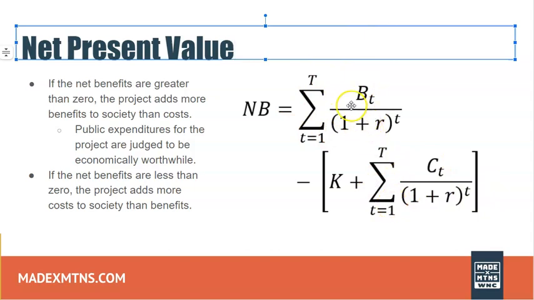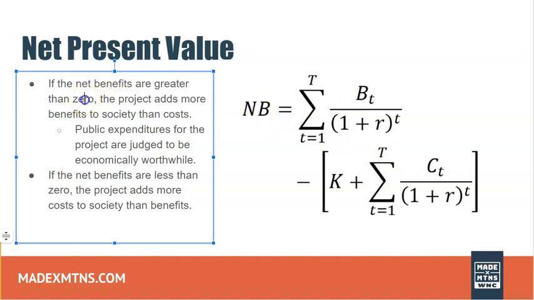And so if you take the present value of benefits and subtract the present value of costs from that, you get the net benefit or the net present value. In this case, if the net benefits are greater than 0, the project adds more benefits to society than cost, and the public expenditures are worthwhile. But if the net benefits are less than 0, the project adds more cost to society than benefits, and we'd say the project is a bad idea.